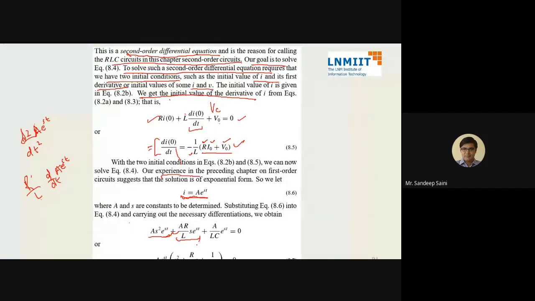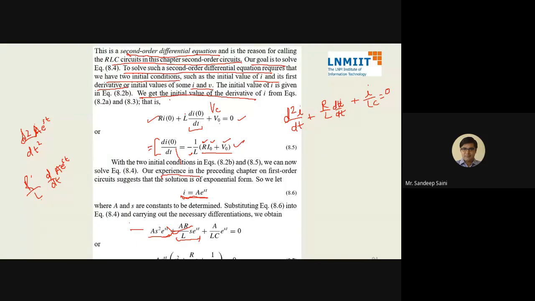Now what I am doing, I have my differential equation. Let me write it here: d square I by dt square plus R by L di by dt plus I by LC equal to 0.